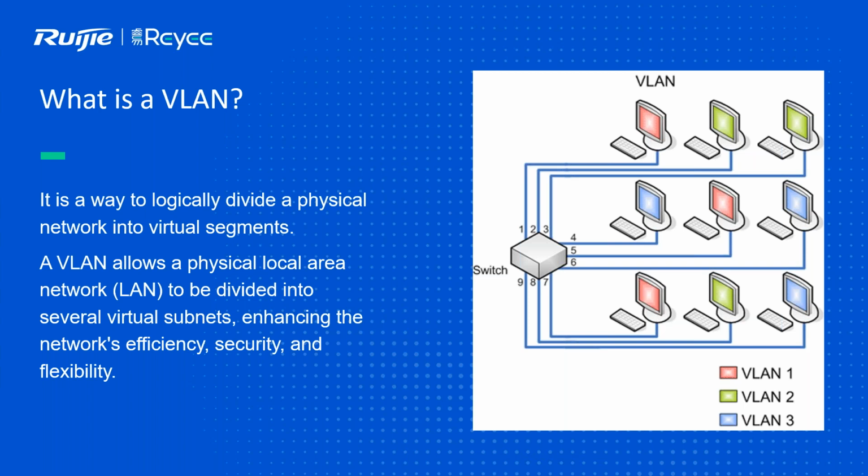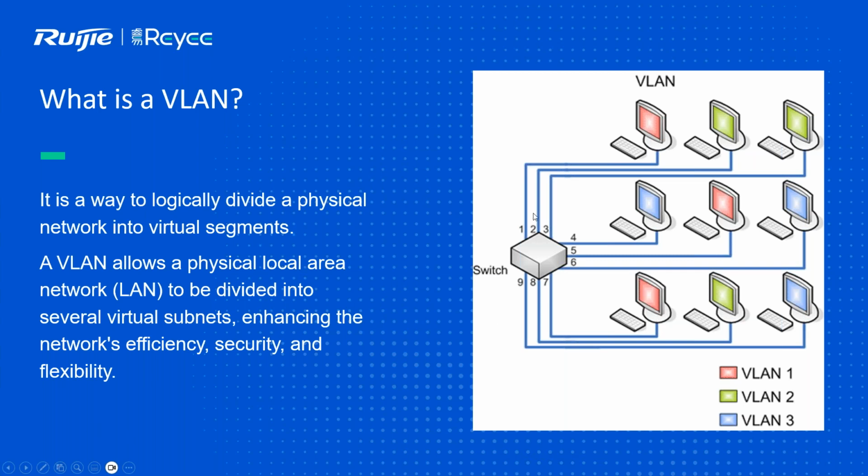As we can see in this image, we can split the network into various VLANs, for example the accounting department, the security department, and the engineering department. So this is basically how a VLAN works.